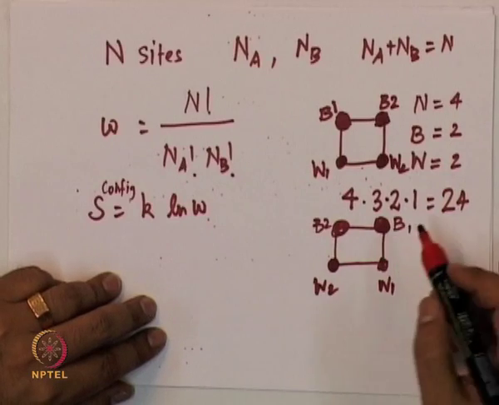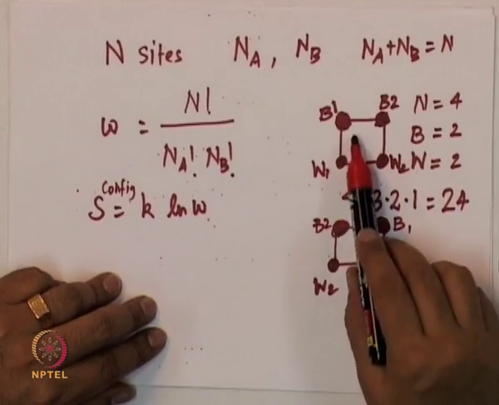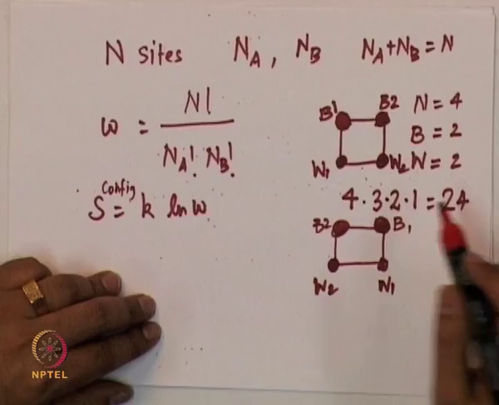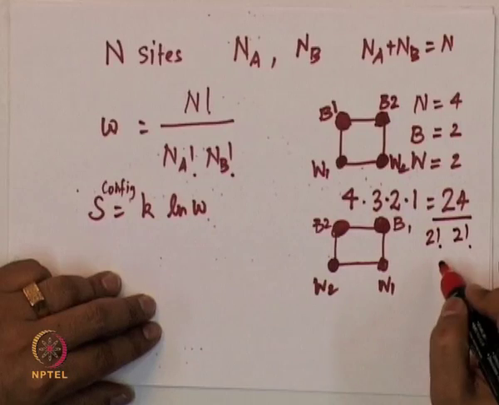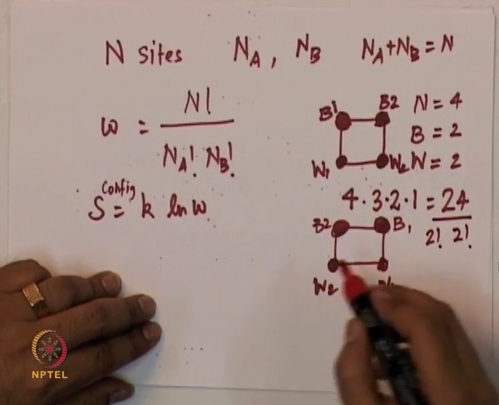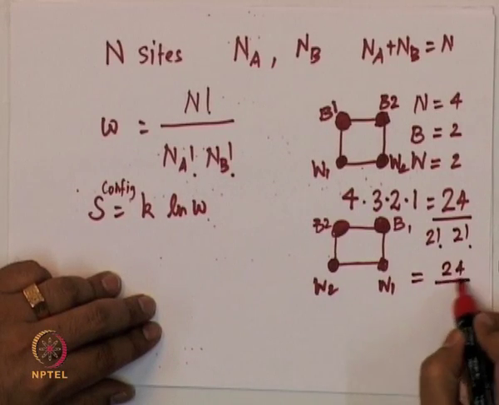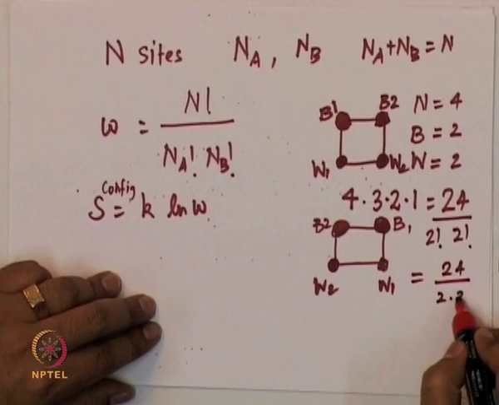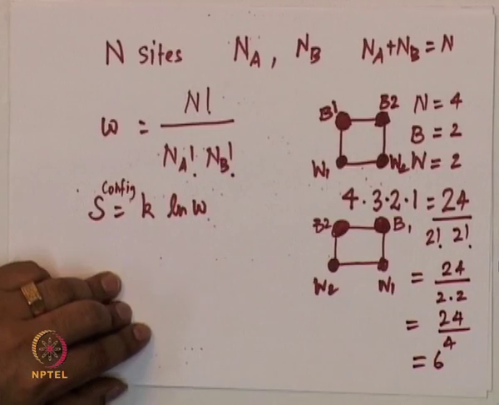So, the number of different ways in which 2 of them can be distributed is given by 2 factorial, and another 2 factorial. So, that is the total number of microstates that are available. So, 24 divided by 2 into 2, that is 4. So, 24 by 4 is going to be 6.